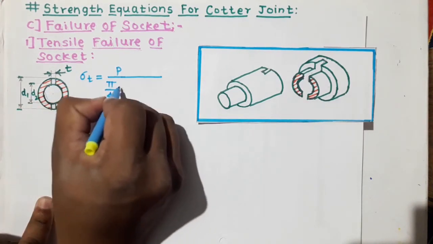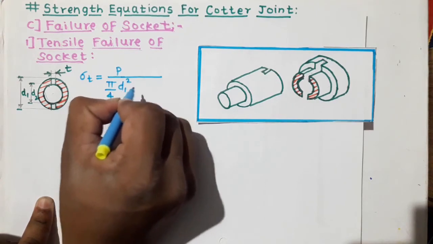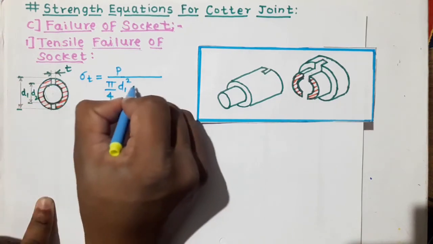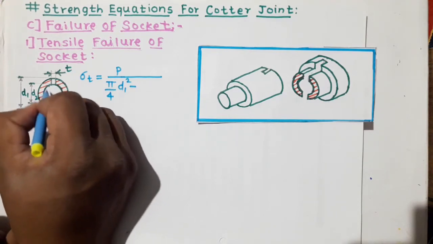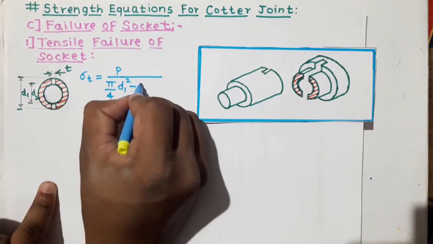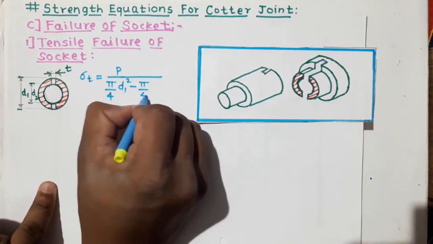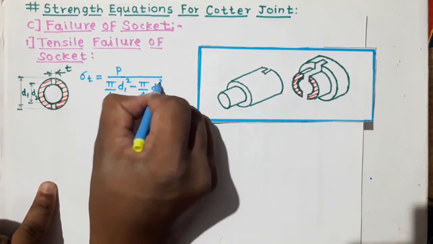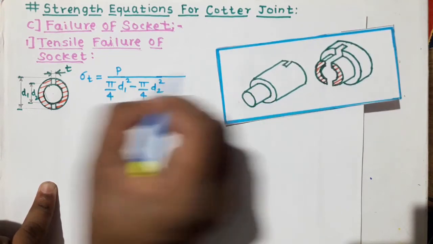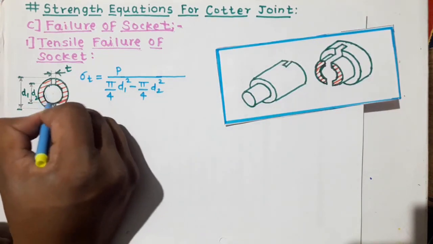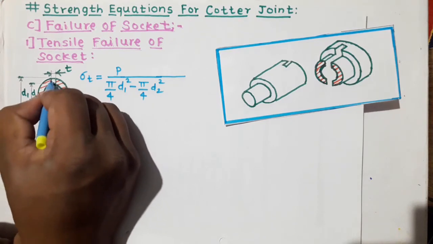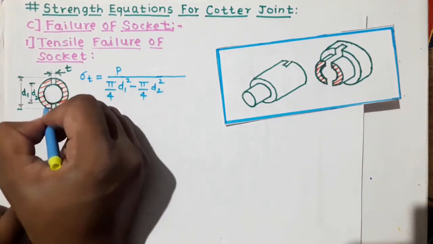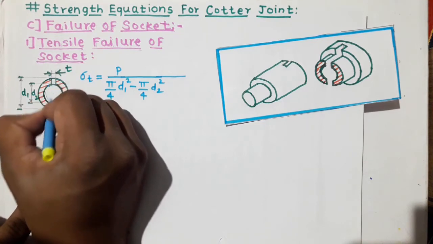So we have to write the area as pi by 4 d1 square, that is this outside area, minus pi by 4 d2 square, the area of this hollow region, and after subtracting this area of hole, we have to subtract the area of this slot. This slot area is nothing but two rectangular areas.